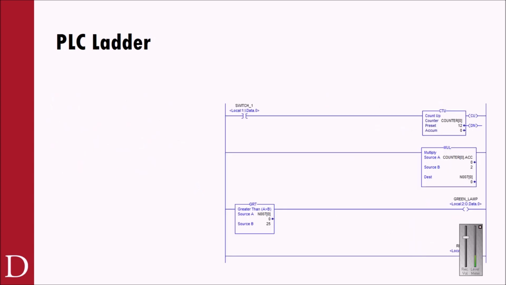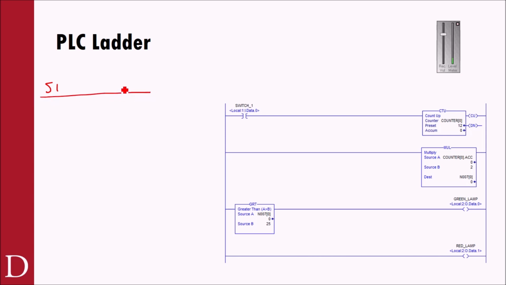PLC ladder, be prepared to be given a ladder. This is a great example, one that we've done many times in here. If I were to tell you I've actuated switch 1 a certain amount of times, and I want to know the status of the green and the red lamp, you would go through this and say, okay, I've done switch 1 time.